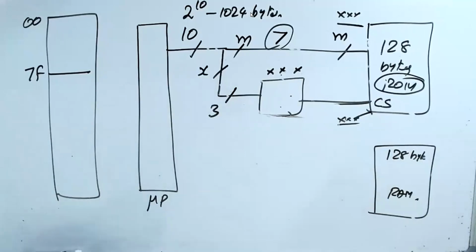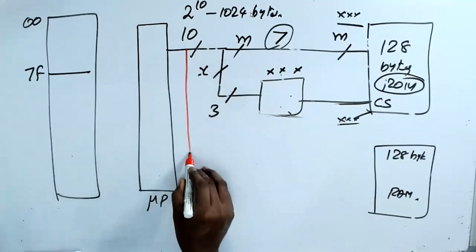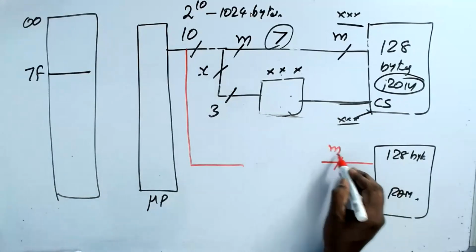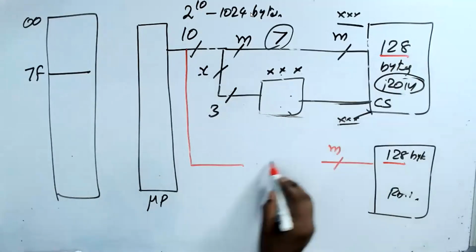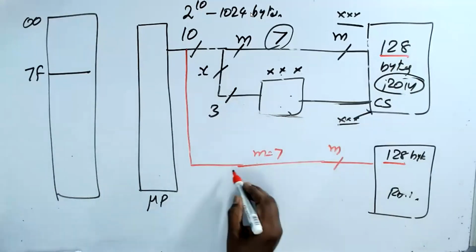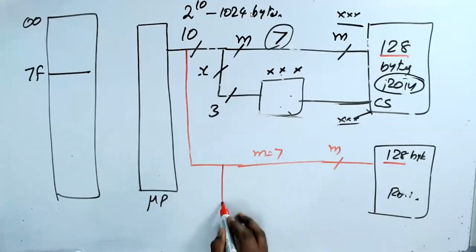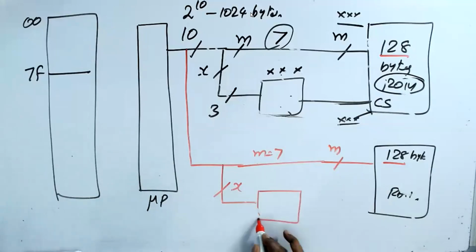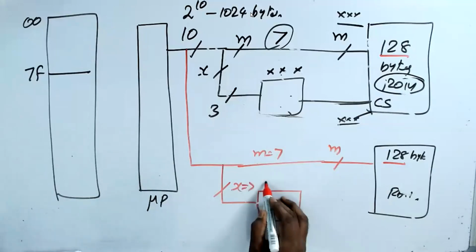The same 10 wires are going to the RAM also. RAM also has M, and both are 128, so M is 7. We know that. Then in the same way I take the X, and X is equal to 3 now.